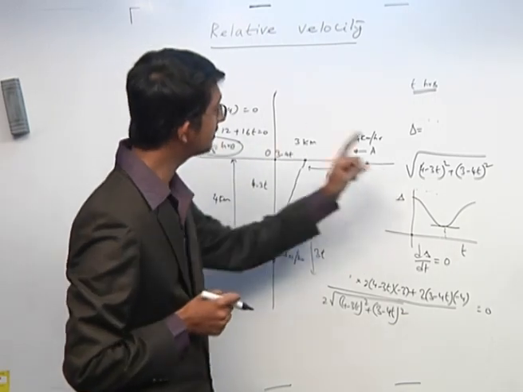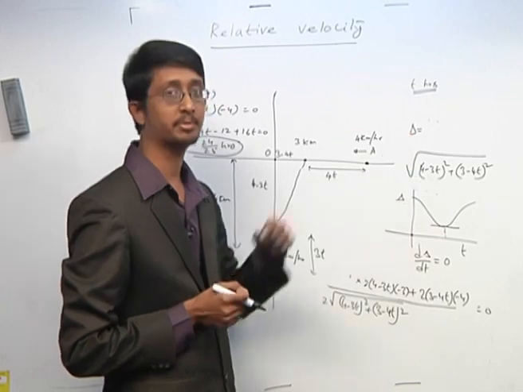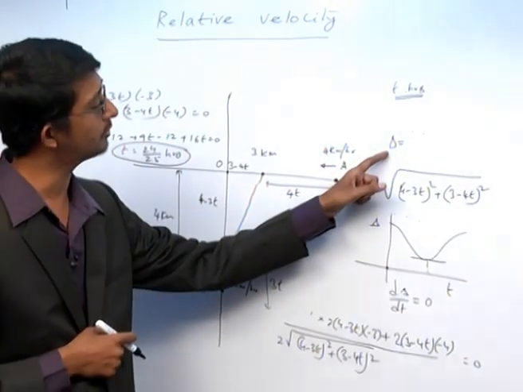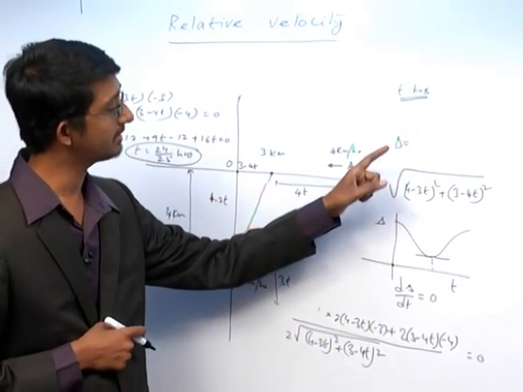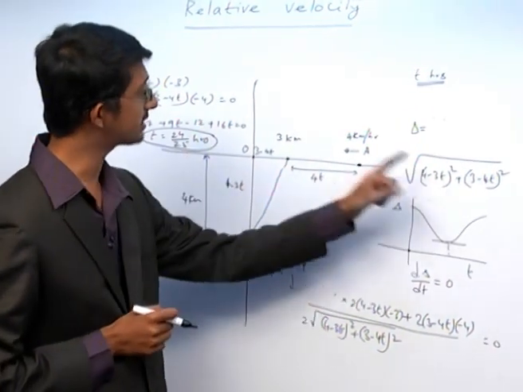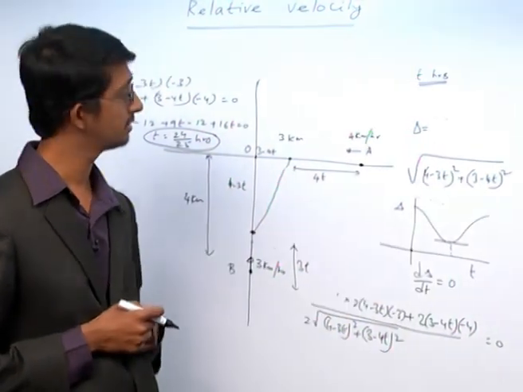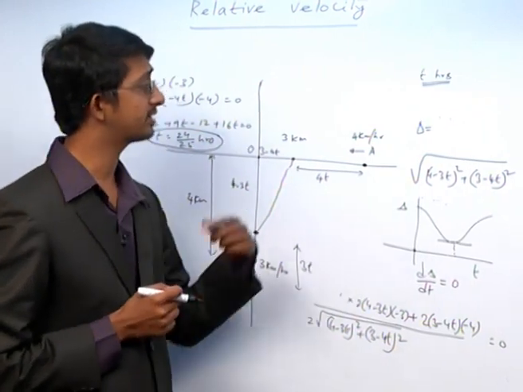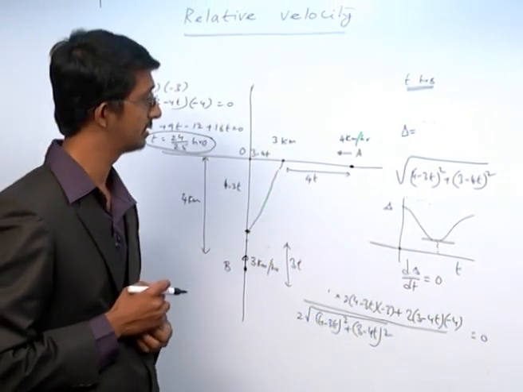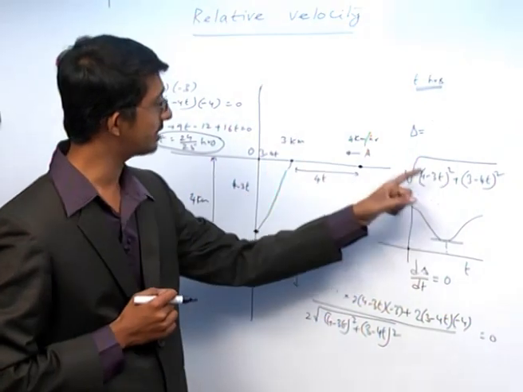I can put this time in this expression and get the minimum separation. This equation is giving you a relation between separation and time. So if I substitute this time here, I get the separation which is minimum. All I have to do is put this time in this expression.